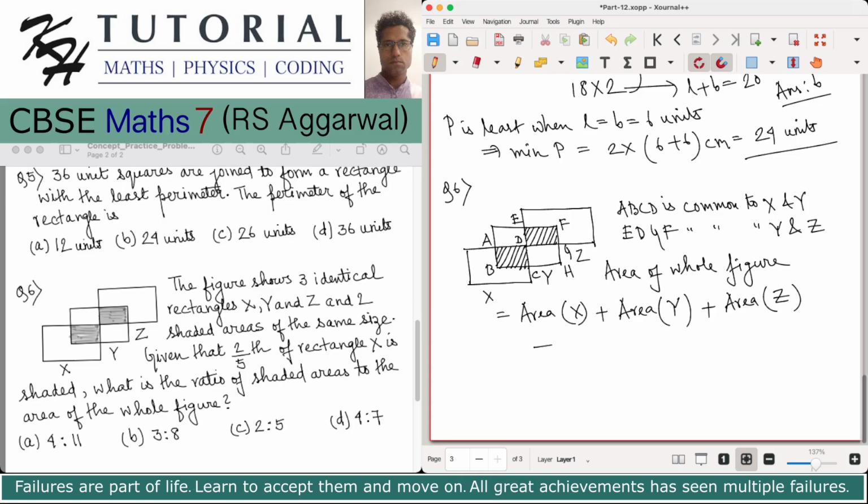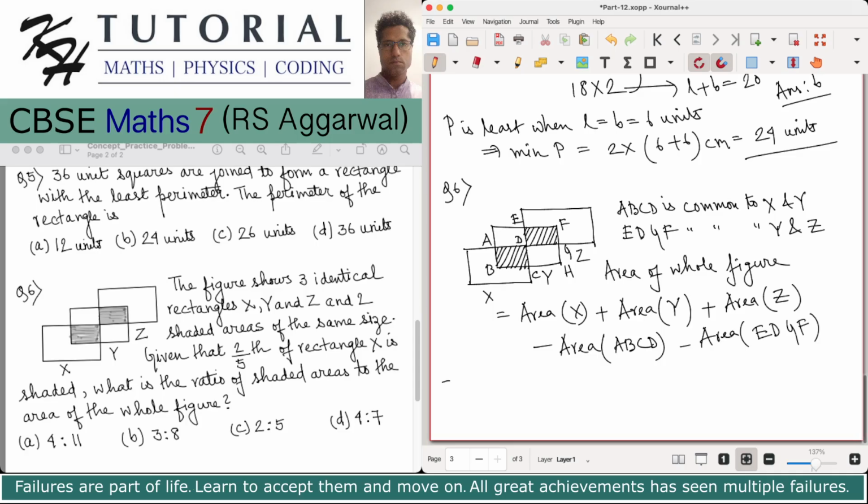But then we have to subtract the area of the regions ABCD once and also subtract the area of EDGF once, because in this sum, that is the area of X, Y, and Z, the shaded region ABCD has been considered twice. Also, the shaded region EDGF has been considered twice. So we must subtract the area of ABCD and subtract the area of EDGF.